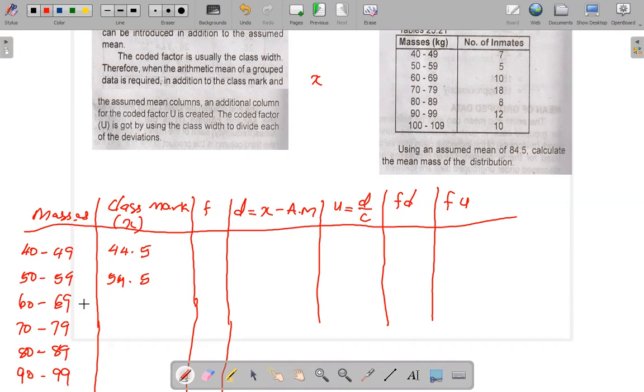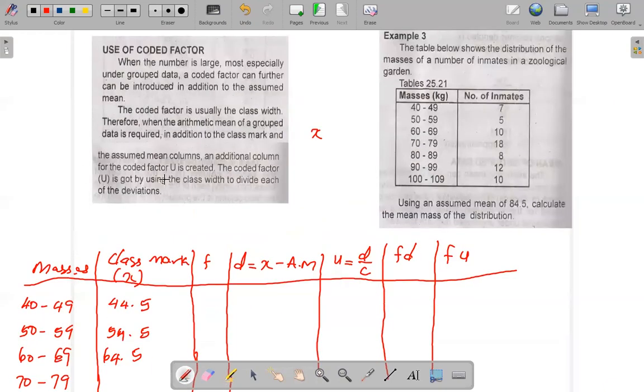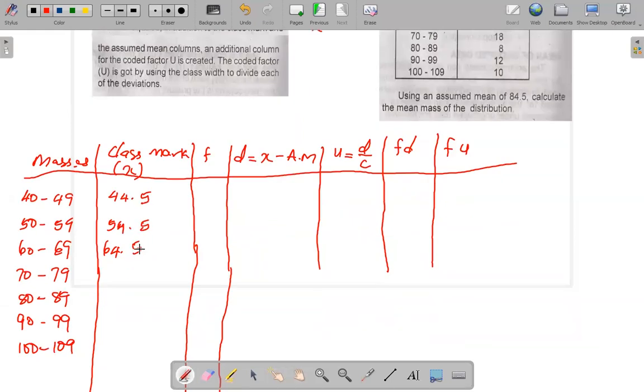Then 60 plus 69, that is 129, divided by 2 is 64.5. If you look at these numbers, there's a difference of 10, which is our class width that we have explained earlier. So to get the next class mark, just keep adding 10 to the preceding one instead of wasting your time doing calculation. 10 plus this will give us 74.5.